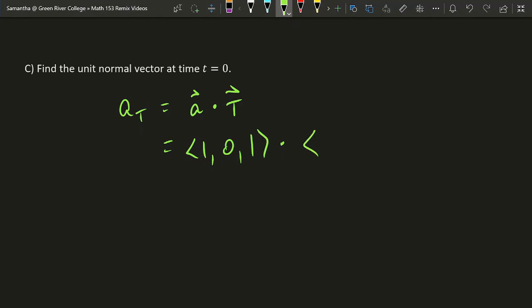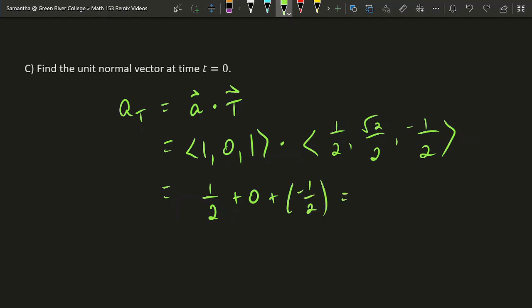Our acceleration at the given time was 1, 0, 1. Our tangent vector at the given time was given by this quantity. And if you take the dot product, we find that the tangential component is equal to 0.